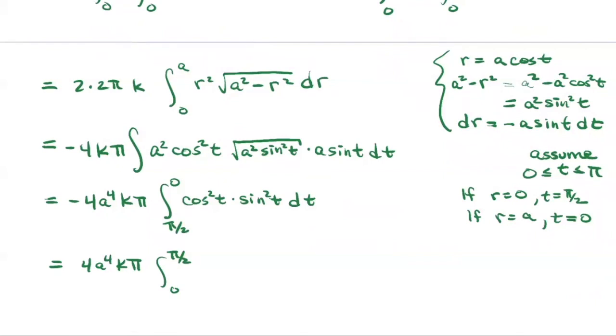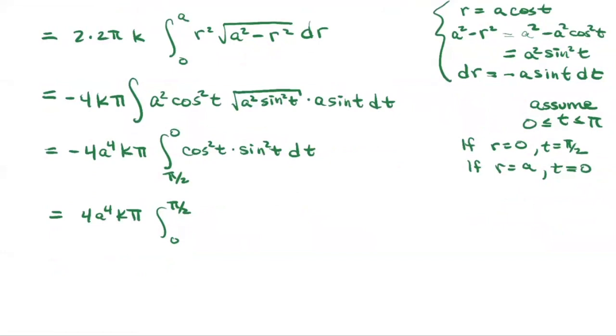Okay, and here goes. So the cosine square is going to be 1 plus cos 2t over 2 times sine square, which is 1 minus cos 2t over 2 dt.